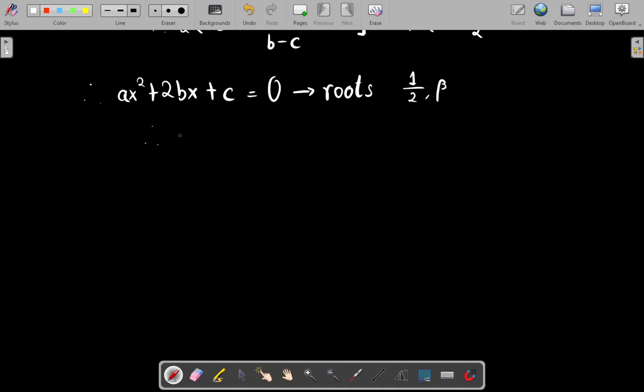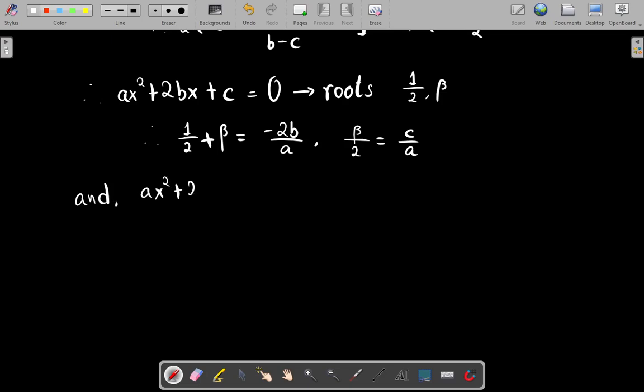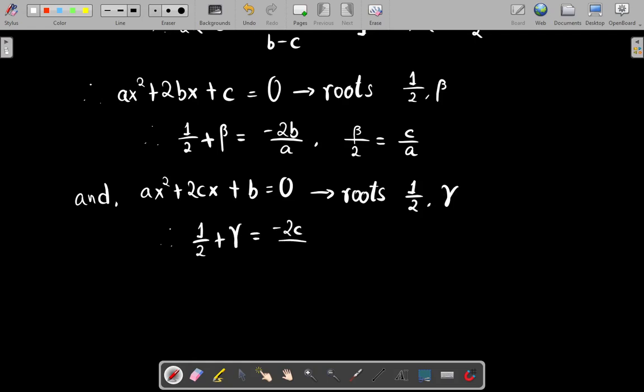Therefore half plus beta will be equal to minus 2b upon a, and the product, beta upon 2, will be c upon a. For the other equation, ax square plus 2cx plus b, the roots are now half comma gamma. So the sum of roots, half plus gamma, is minus 2c upon a, and the product of the roots, gamma upon 2, is equal to b upon a. So these are the few conditions we have.